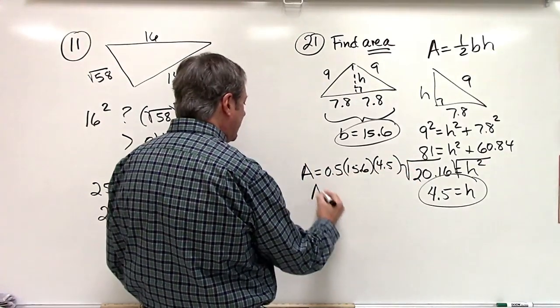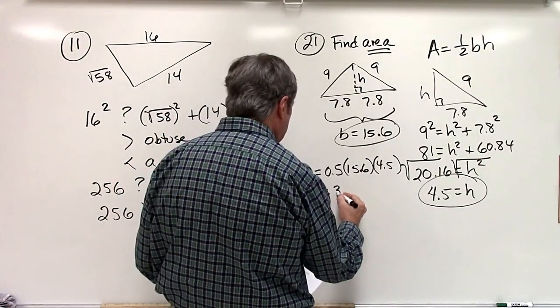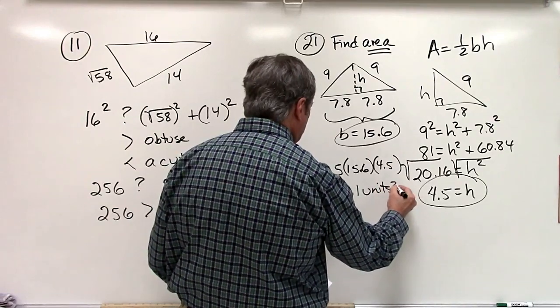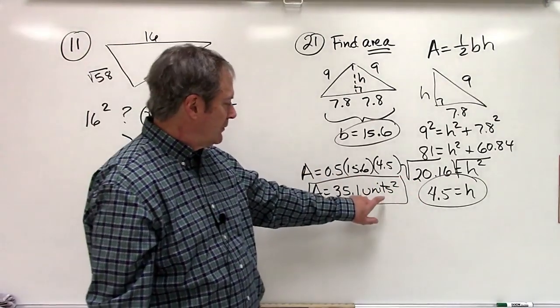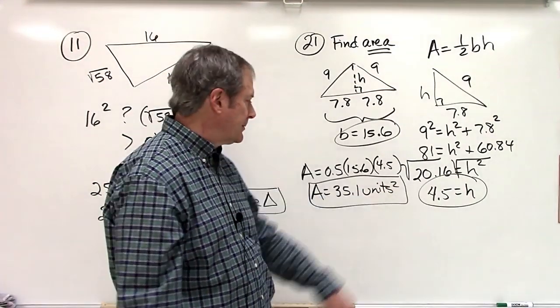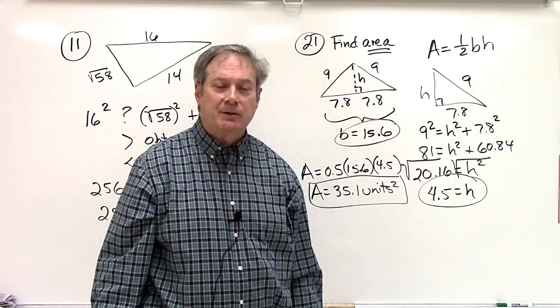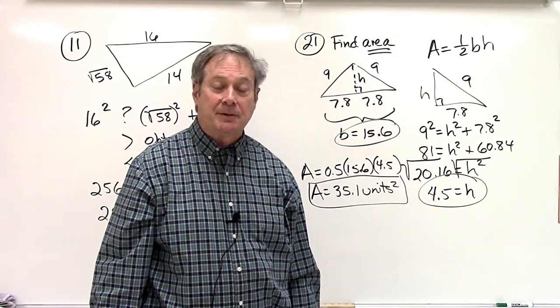And when you multiply all that together, you get that the area is 35.1 units squared. And since we're finding area, I would like your answers to always be in units squared. And that should be sufficient to help you do the rest of the problems. And that's it for Pythagorean Theorem.